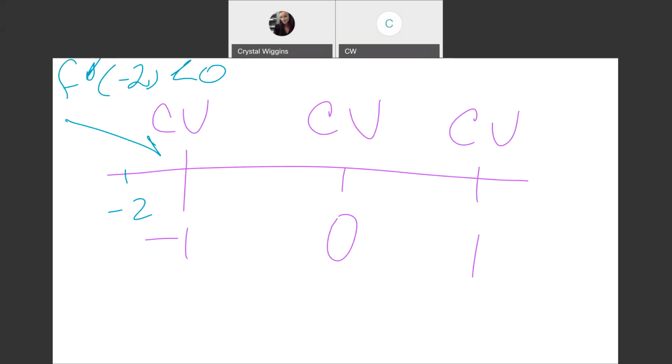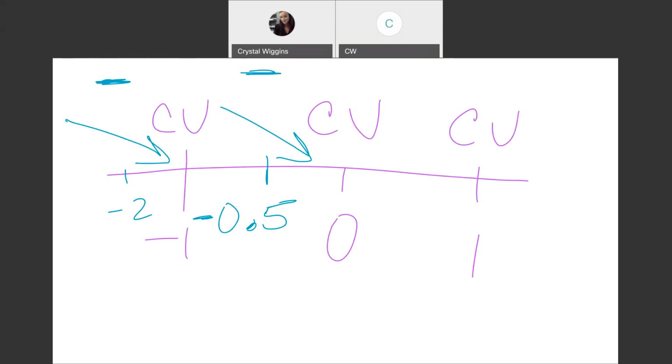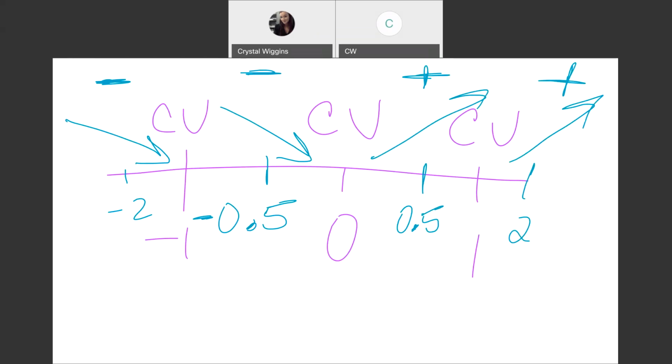So that indicates a decreasing line, okay? Because we had a negative. Now, when we tested a -1/2 as a test point, we still came out with a negative derivative indicating decreasing on the original function. We tested positive 0.5 and got a positive derivative, so that it's an increasing function. And we tested positive 2, which also produced a positive derivative, indicating we're still increasing.